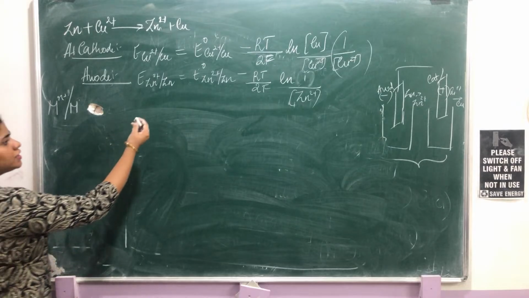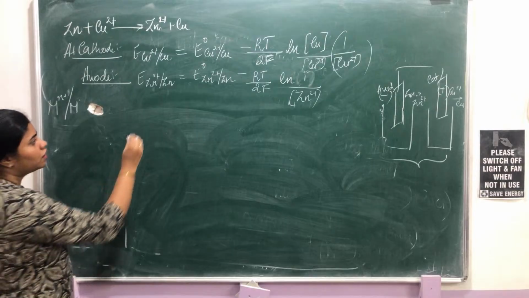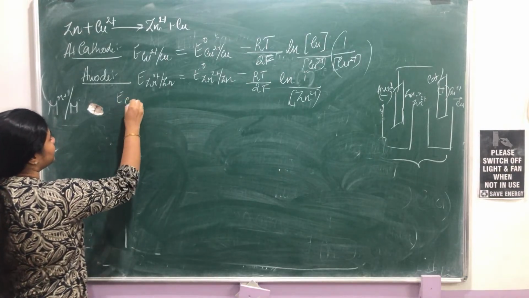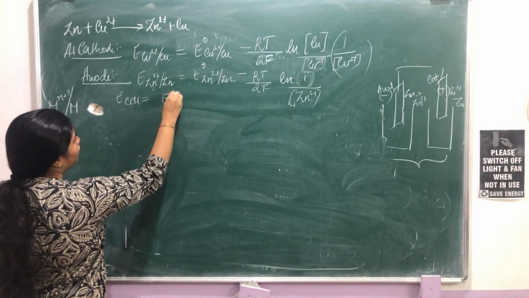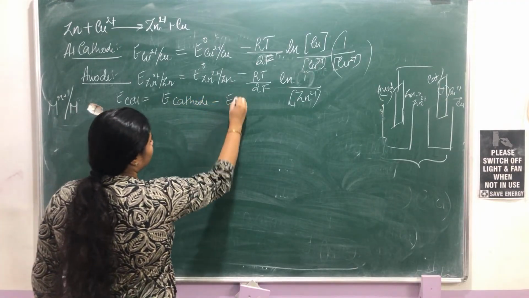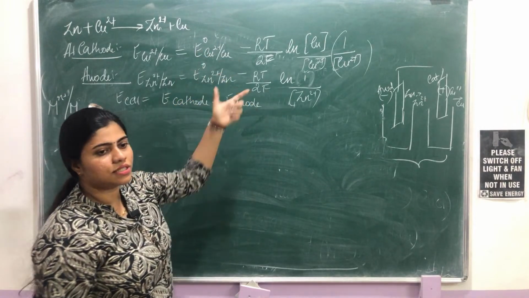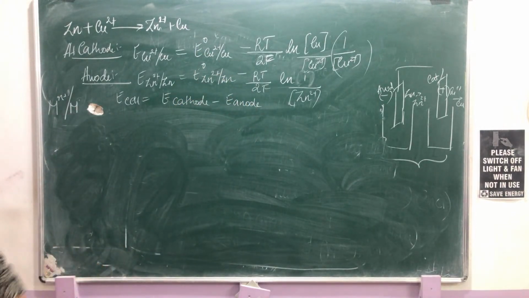Now we have learned something. Till here have you reached, students? Stop writing and focus here. We know E cell is equal to what? E cathode minus E anode. Now can you write the whole thing minus this thing? Right.